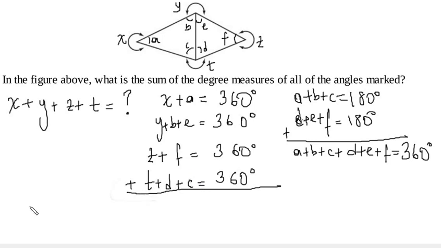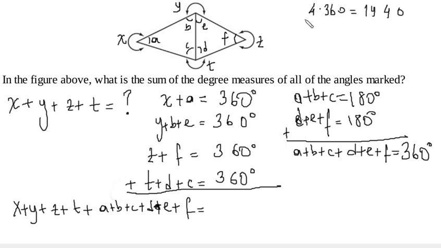So let me write that down in order: x plus y plus z plus t plus A, B, C, D, E, F is equal to, so we have 4 360s, 4 times 360, which is equal to 1440 degrees.